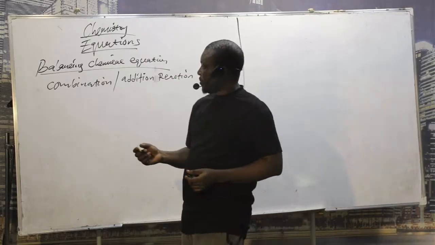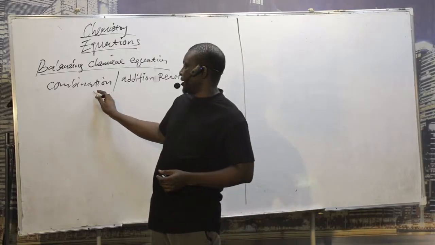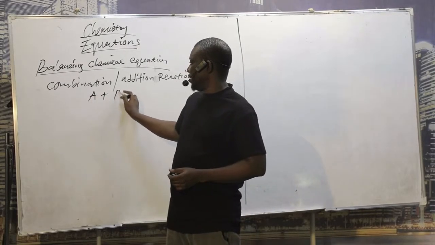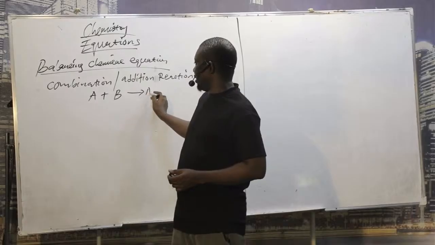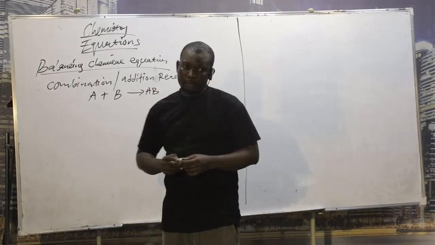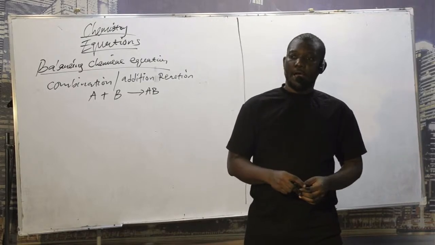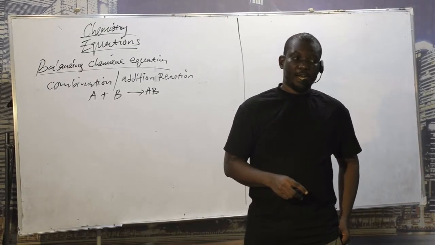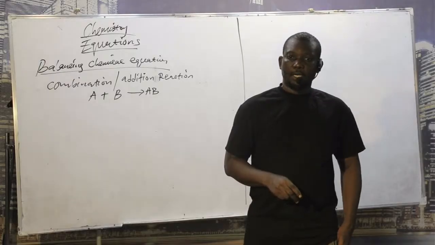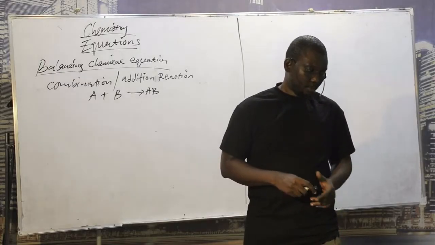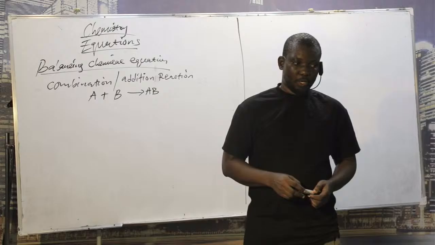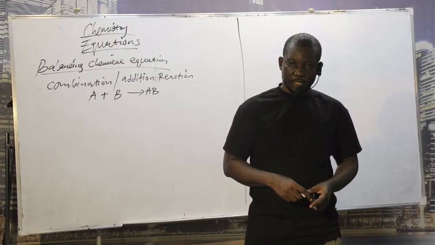In this type of reaction, you will see a reactant A against B, and what you will see is AB. So in a reaction where you have two reactants and they are just giving you a product, that reaction is a combination or addition reaction.